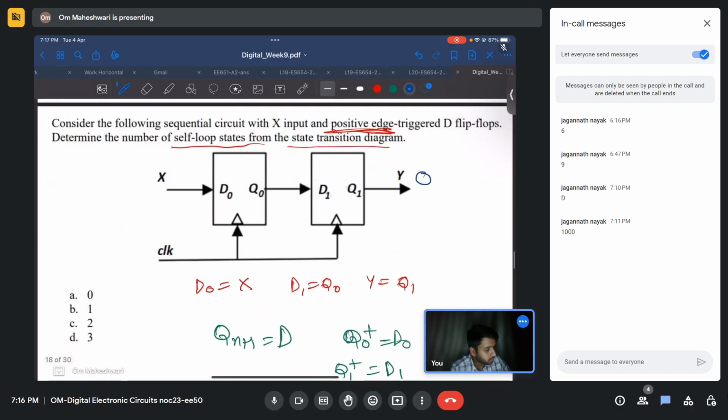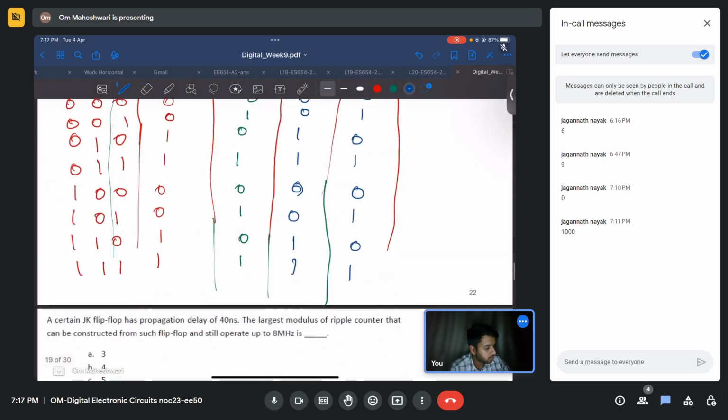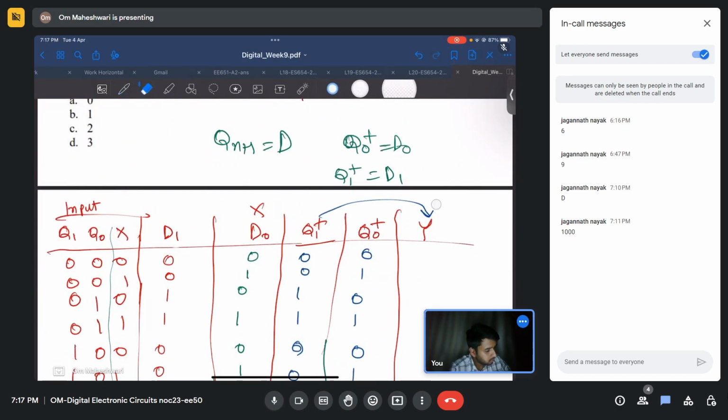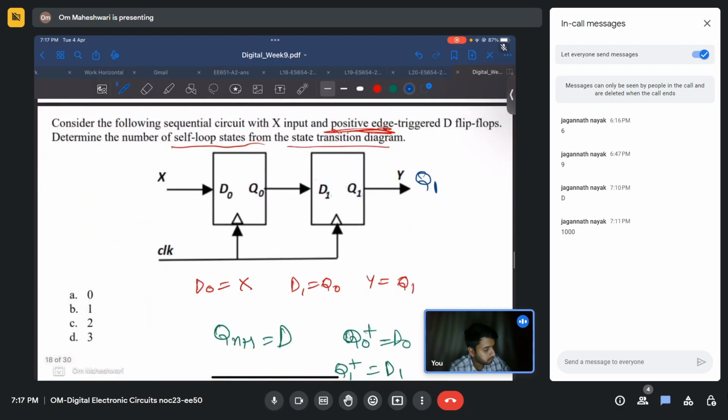Y is Q1, right, not Q1 plus. Okay, let us see what is Y. Here we have Q0. So as soon as clock will arrive, this Q0 will become, so Y is Q1, right?